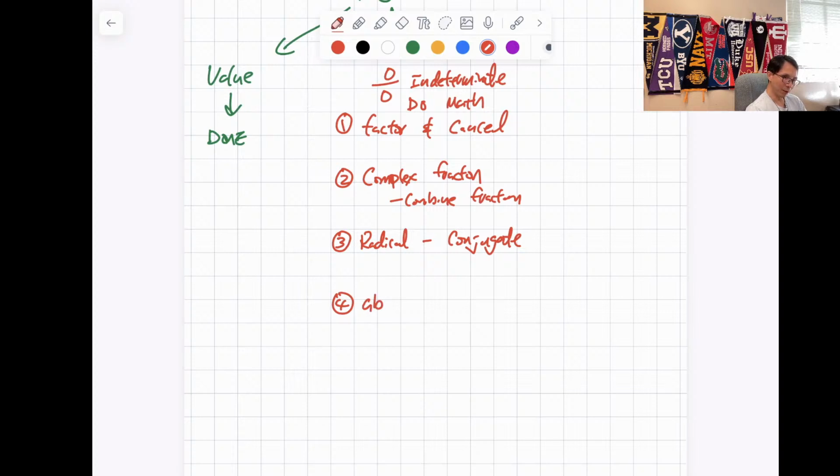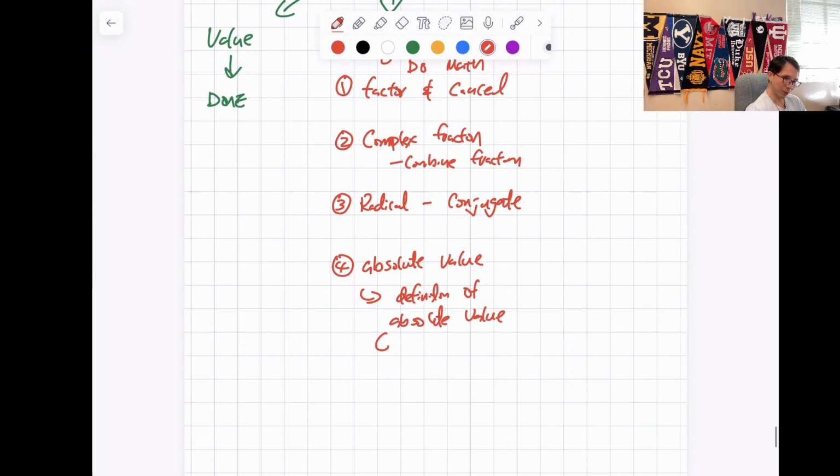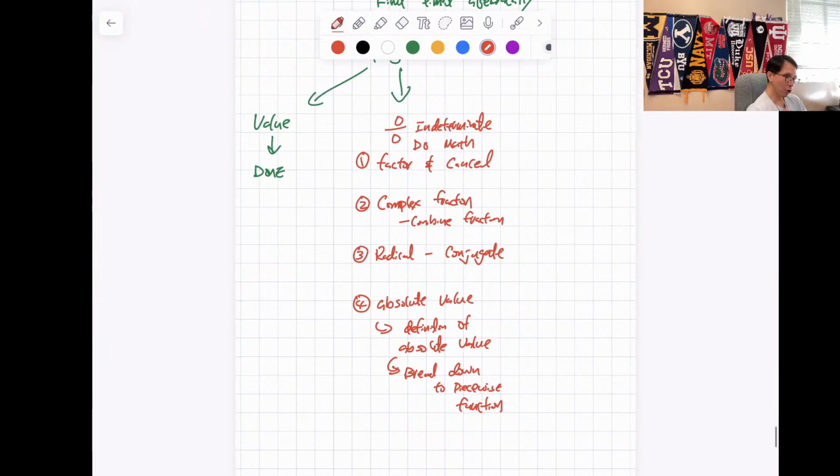If you have absolute value, and we're probably not going to get to this case, but when you have absolute value, you have to think about the definition of absolute value, which breaks down to a piecewise function. So you will get all those 4 choices.